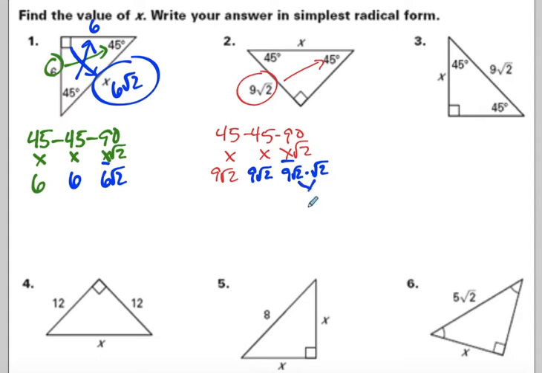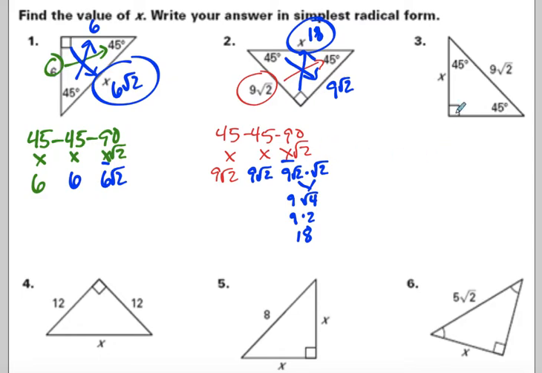And your roots will multiply to simplify to a root 4. And root 4 can simplify to 2. So this is really 9 times 2, which is 18. We're going to put that back on the image. So across from our 45s are the 9 root 2's, and across from the 90 is the 18. And in that case, that's the one we were looking for.